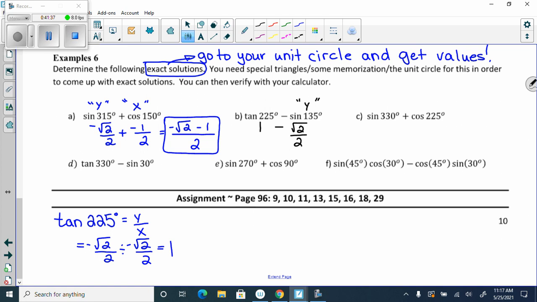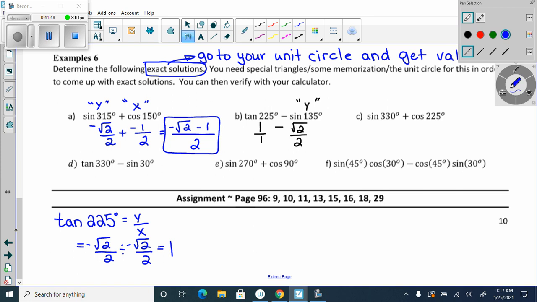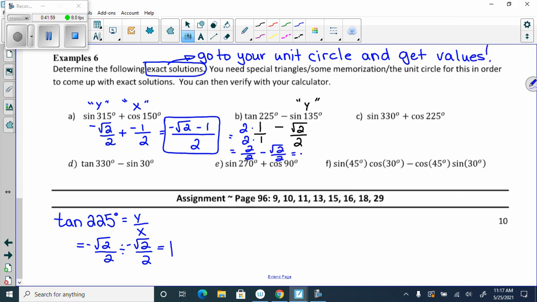I can't put them together unless they have common denominators. This one is 1 over 1. So what could I multiply it by? 2. So we're going to get 2 over 2 minus root 2 over 2. And we can write it all over 2. And on the top we just get 2 minus root 2. As good as it gets.